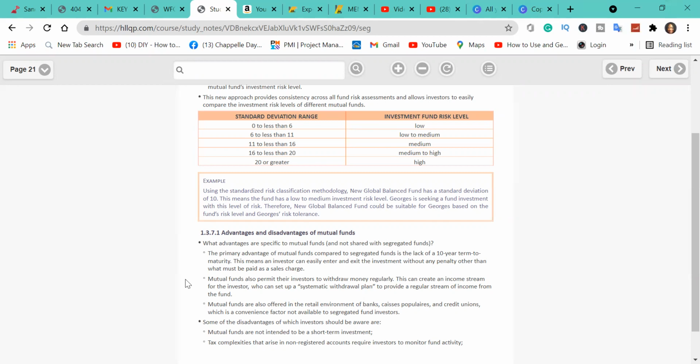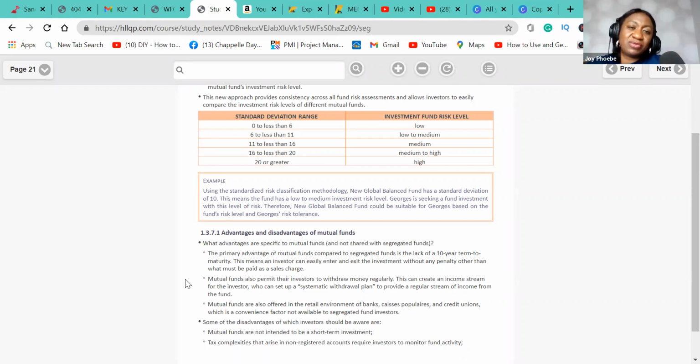What's the difference between segregated fund and mutual funds? So that's what we just talked about. The major difference is the fact that segregated funds invest in multiple holdings, but mutual funds are sold by the banks.